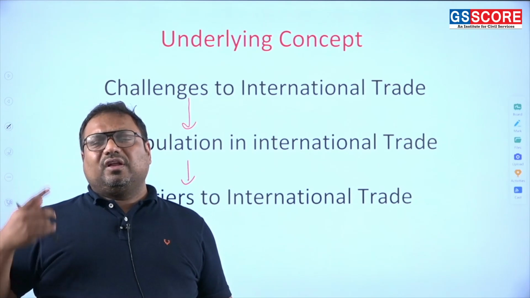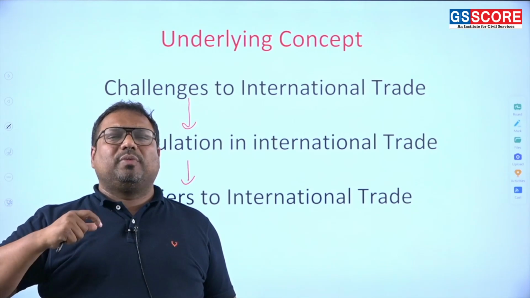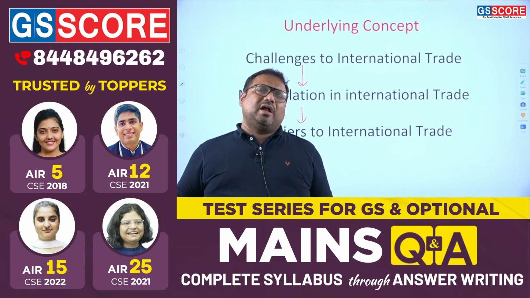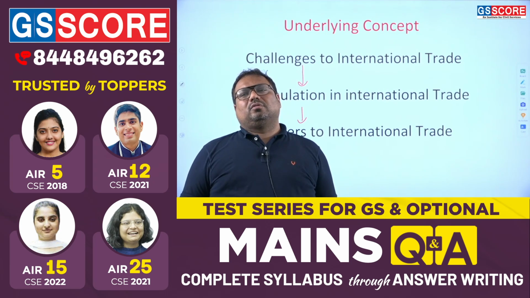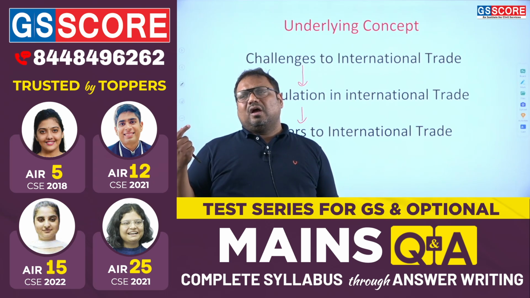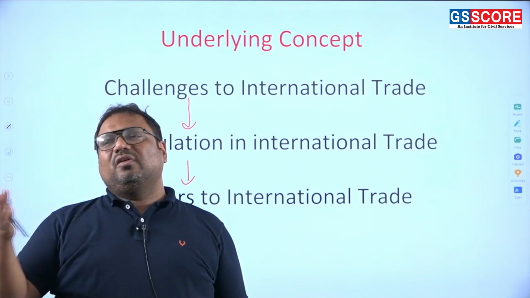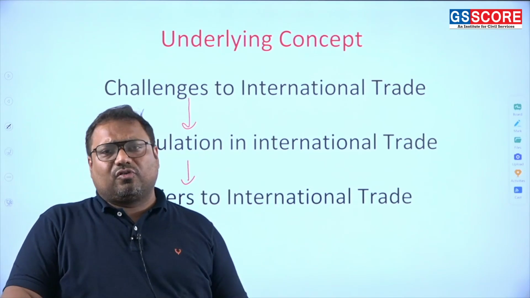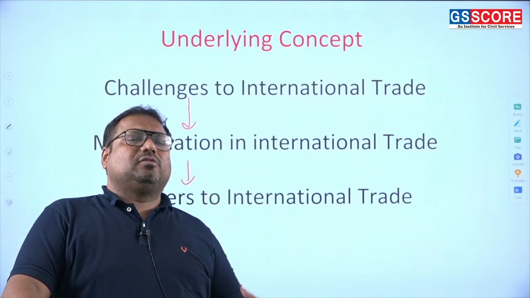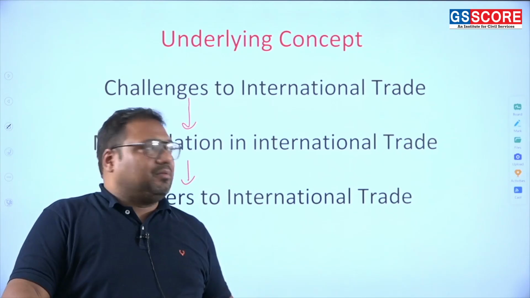But what if somebody is trying to corner all those benefits, saying I will take all the advantage, I will export to everyone, but I will not import too much from everywhere, I will import very little. That will create losses for everyone else. That is where manipulation in international trade comes into the picture, and that is what was traditionally known as mercantilism.